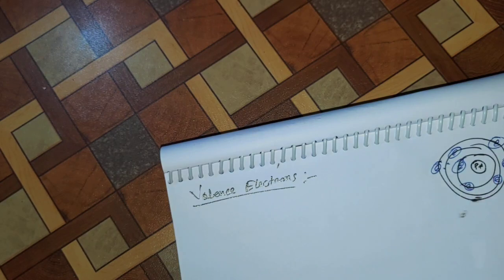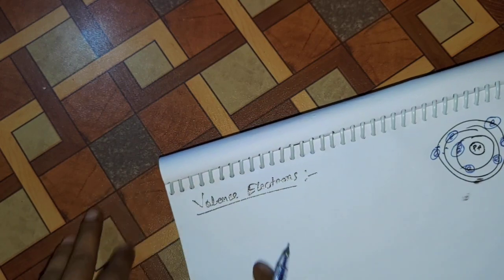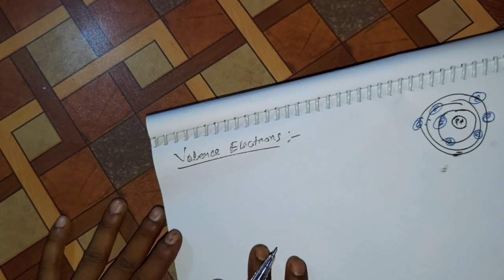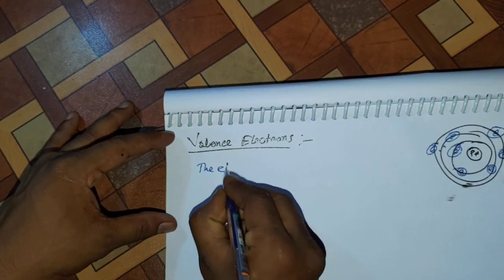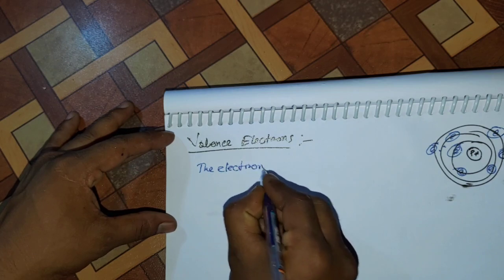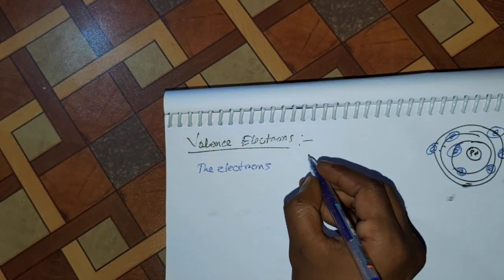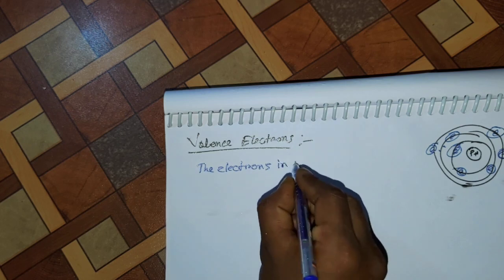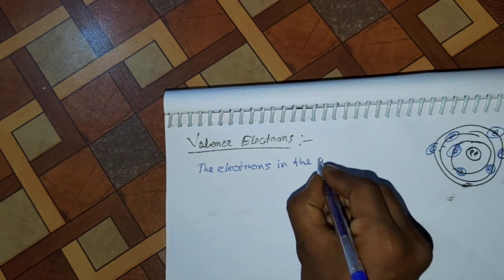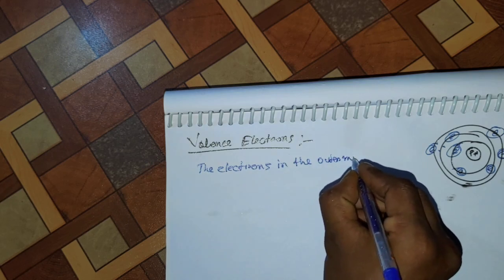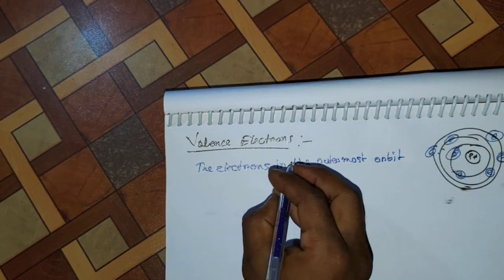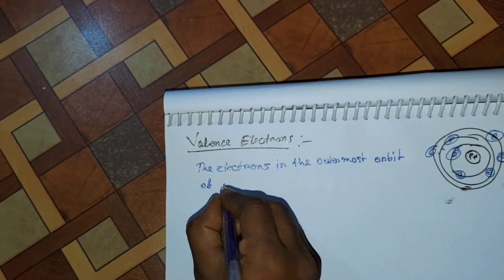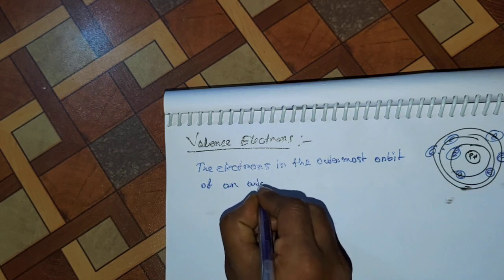The valence electrons are the electrons in the outermost orbit of an atom.